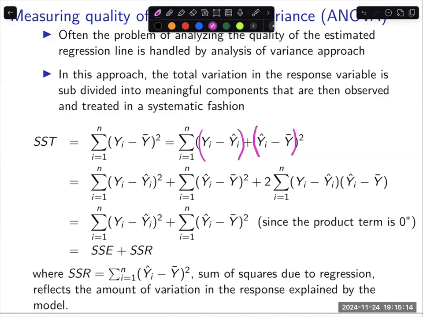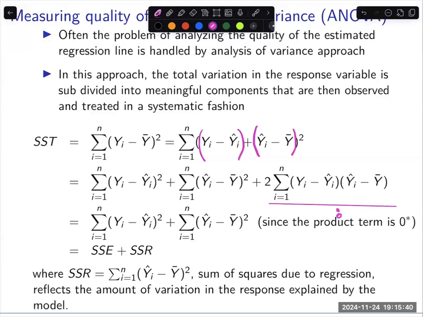In the next slides, we are going to show that the cross product term here is actually equal to 0. If the cross product term equals 0, we find that the sum of squares total can be written as the sum of squares of yi minus yi hat plus the sum of squares of yi hat minus y bar.